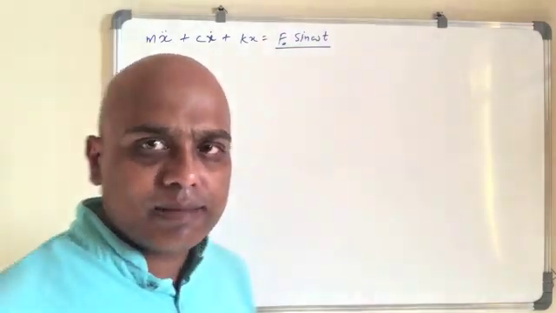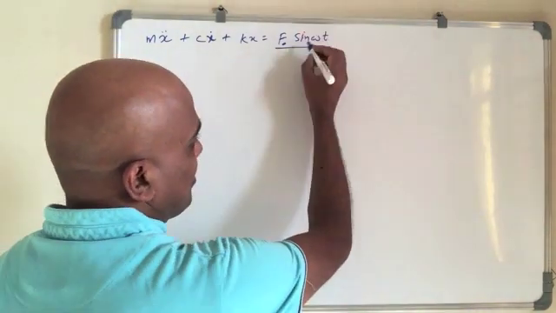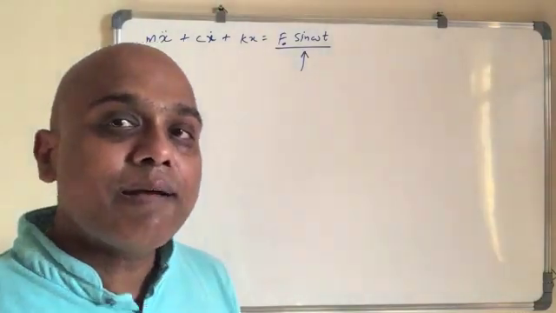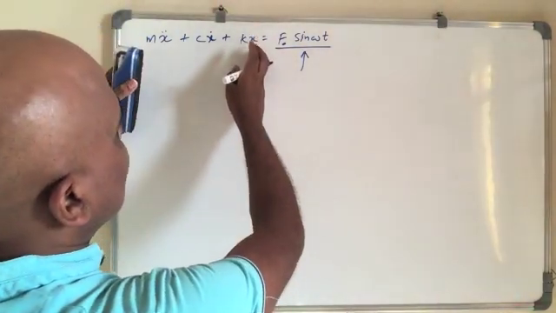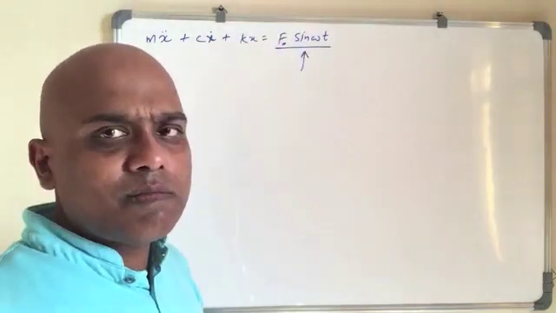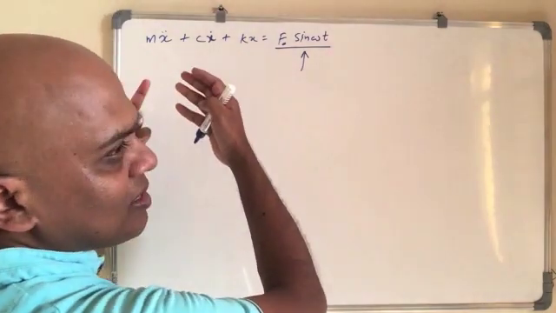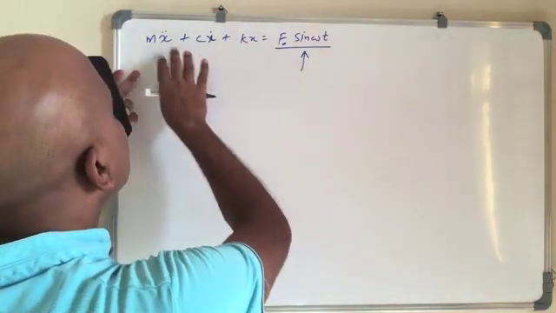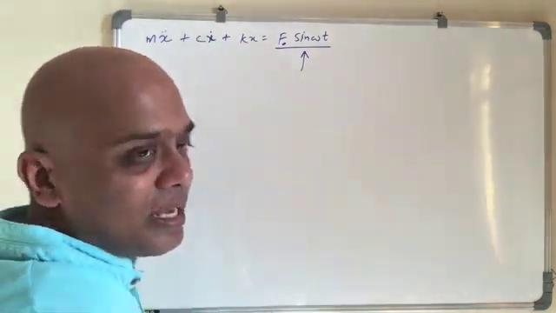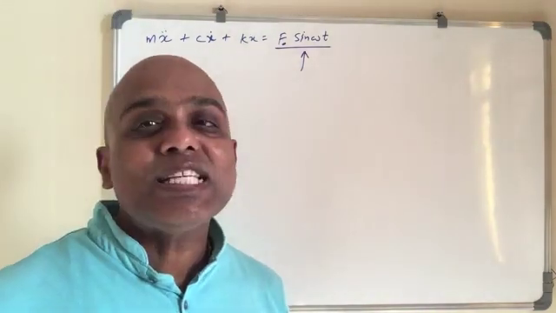This is one of the examples, so we will start from the forcing part, and then we will see what is the use of this, from where it comes, where it is useful to have m here and c here and k here. What is the relation? That we are going to see today.